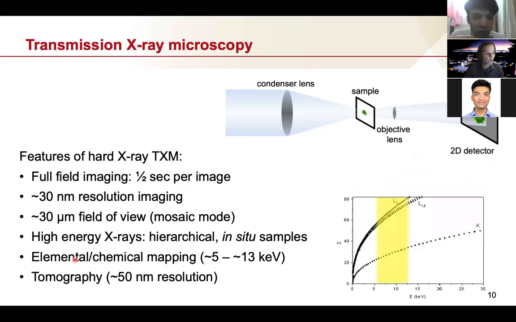The energies that we have access to are from about 5 keV to 13 keV. And these are the Z numbers on a periodic table that we can then focus on because of those energies. So the absorption of a photon is determined by the number of electrons, so the Z number matters a lot. And then finally, we can do tomography or 3D imaging.